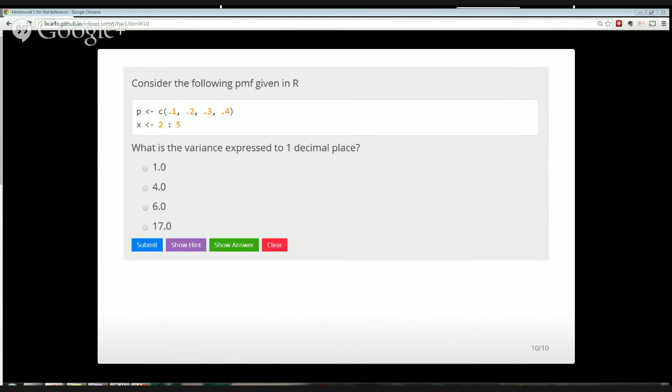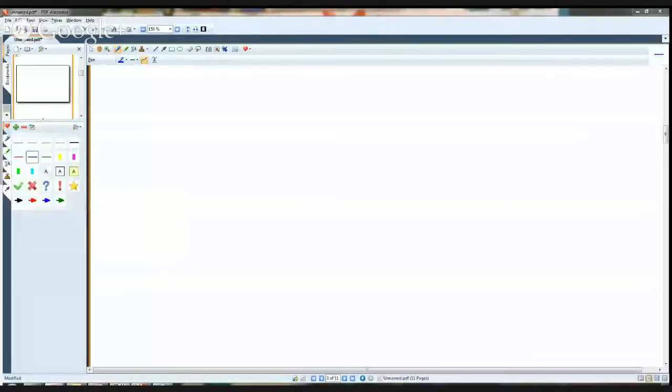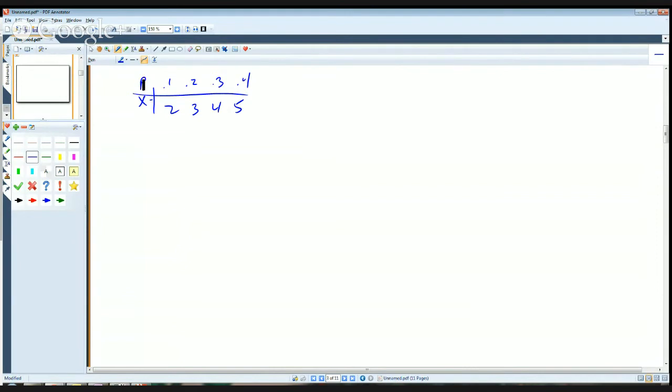Let's see, switching the screen sharing. All right, so here's our PMF. X can take the values 2, 3, 4, 5, and it takes the values with probabilities 0.1, 0.2, 0.3, and 0.4. Okay, so those are the probabilities and those are the values.